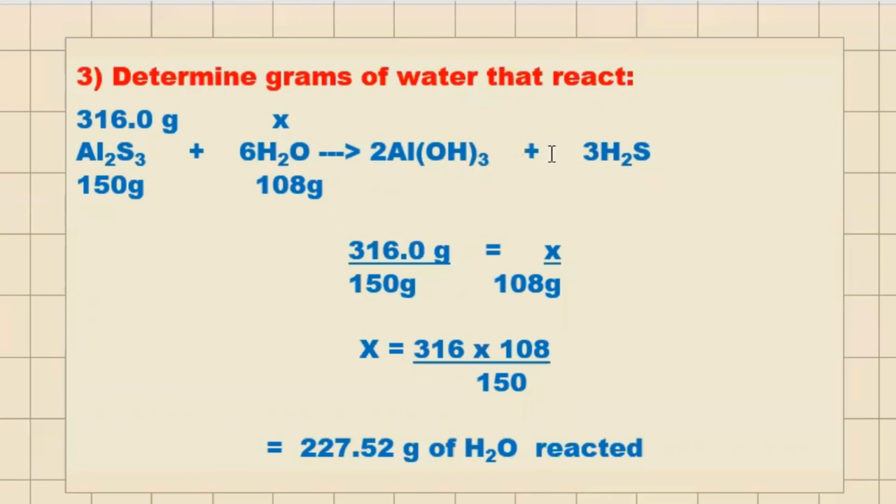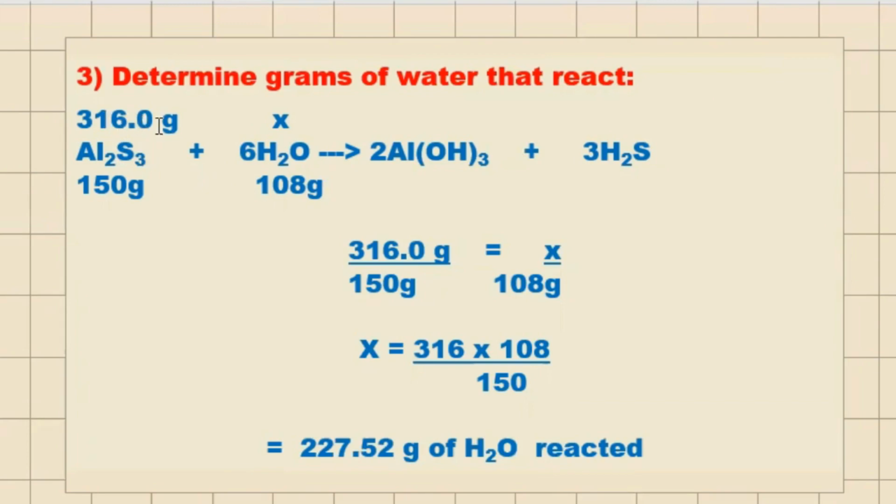Some amount is converted into the product, some amount is left over, because H2O is the excess reactant and Al2S3 is the limiting reactant. Then the amount of H2O reacted is calculated by using this method.